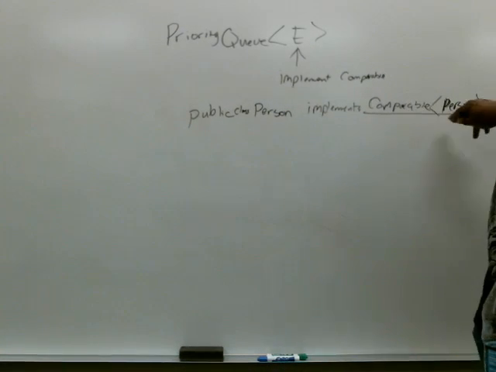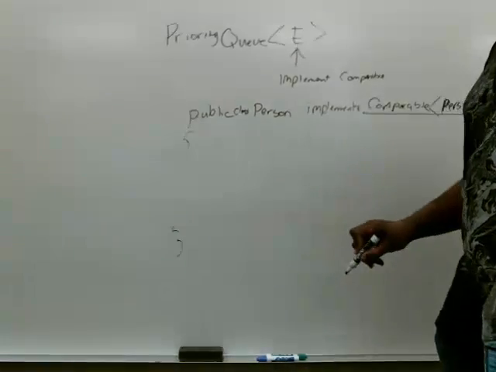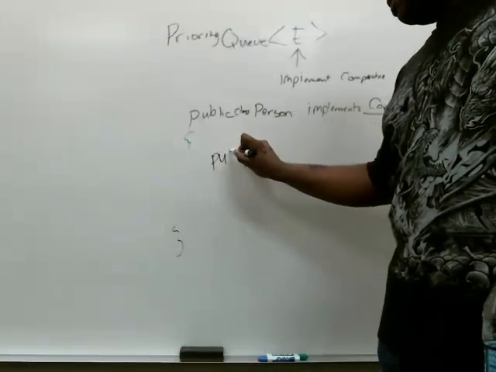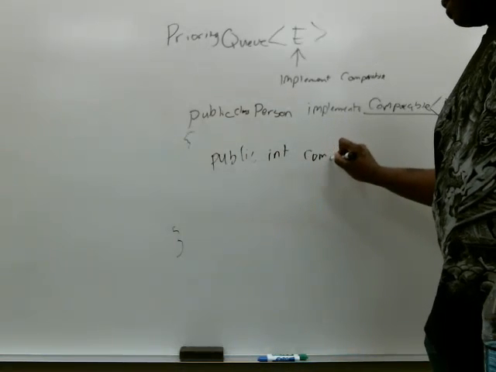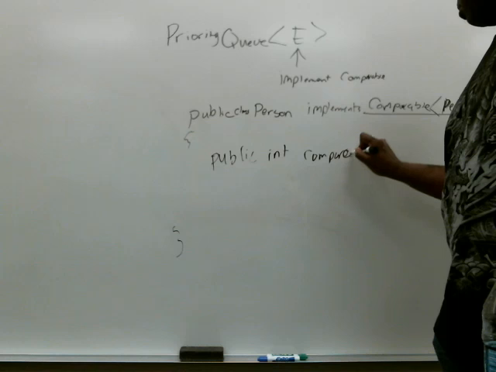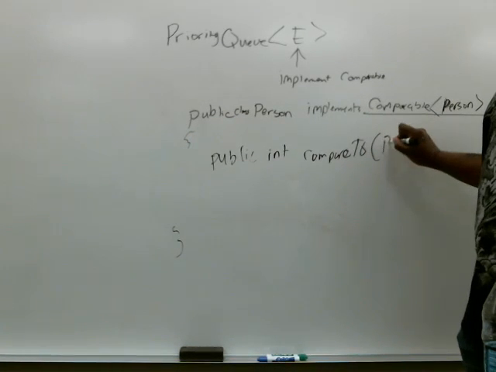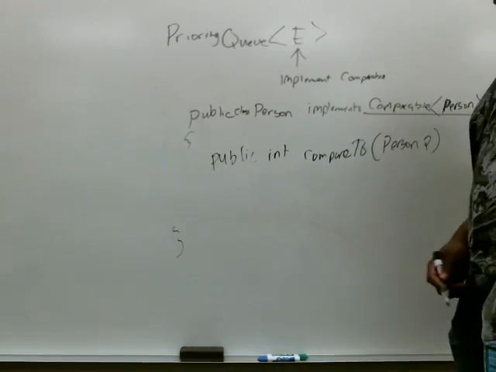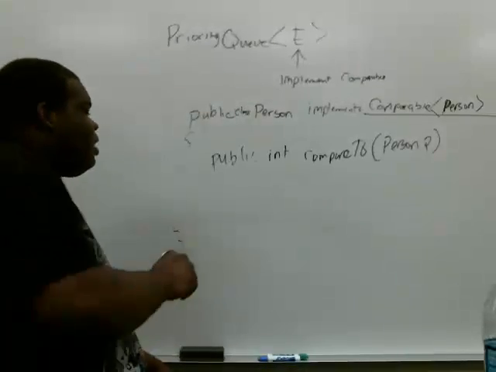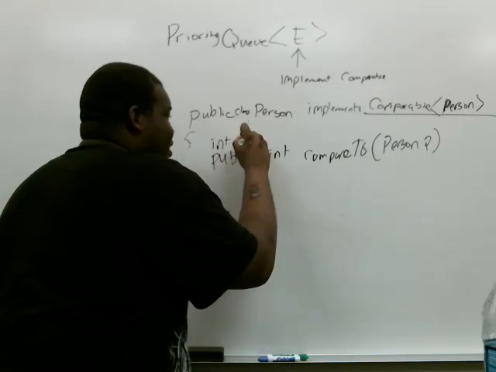Since we use generics here, the method is public int compareTo, and since we use a generic version, it will be passing a Person. Let's say that all persons have height, so I'm going to declare an instance variable here.